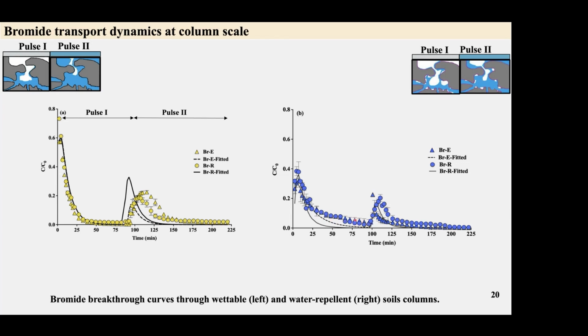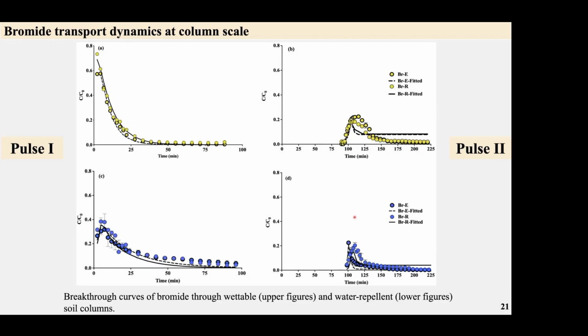Then we conducted modeling for separate scenarios, I mean simulation of either pulse separately. For wettable soil, the data was captured nicely, but for the second pulse, we were able to model the rising limb but not the falling slope, and we have an overestimation here for bromide transport.